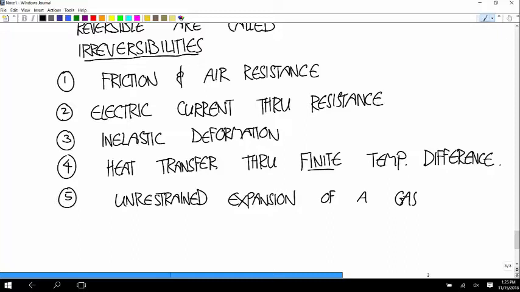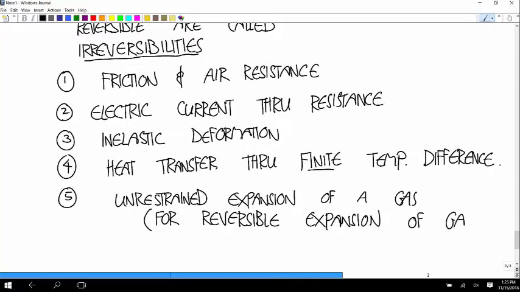In order for that to be a reversible process, for a reversible expansion of a gas, the gas must be in equilibrium at each instant.